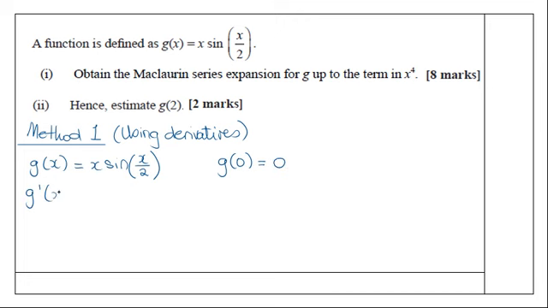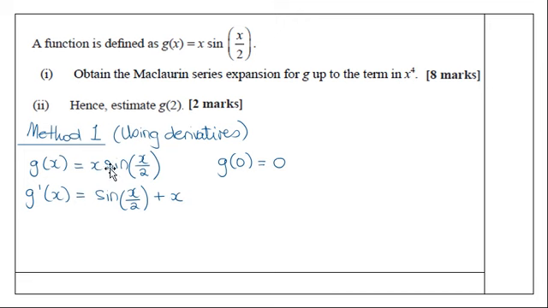Then we take the first derivative. So we're going to be differentiating g using the product and the chain rule. Product rule, differentiate the first, we get 1, keep the second. Plus, other way around now, we keep the first, differentiate the second.